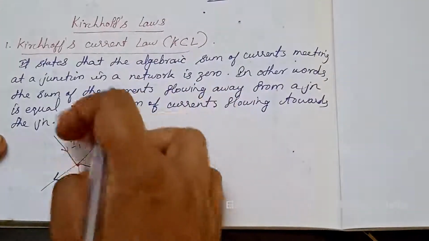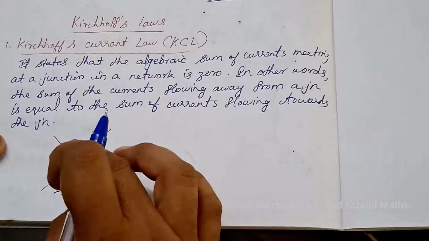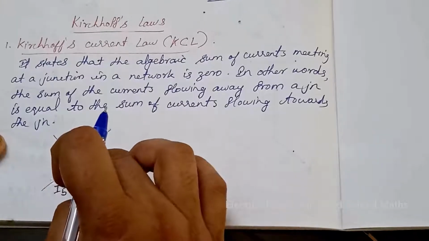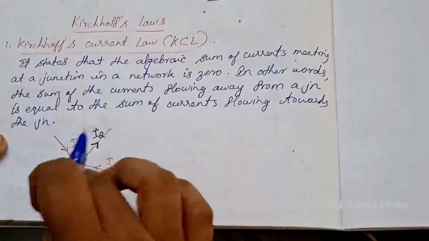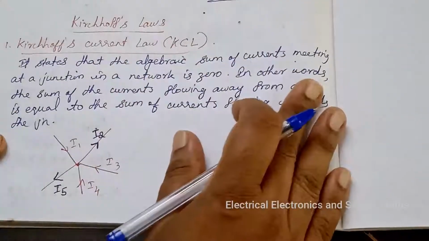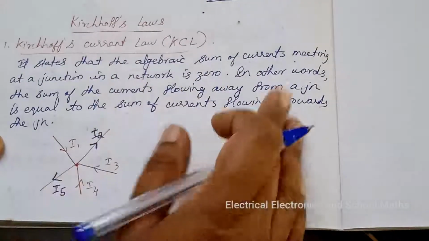We get here I1, I3, I4 are entering into the junction, so take it as positive. And I2 and I5 are leaving the junction, so take I2 and I5 as negative.